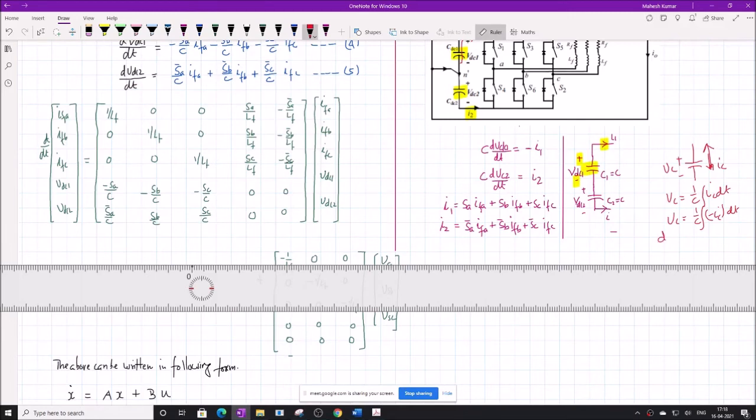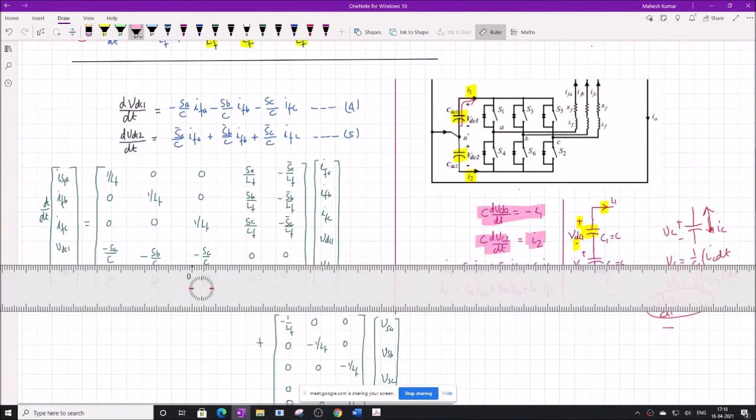Or you can write dVc by dt equal to minus IC. So using this equation, we can substitute the expressions for I1 and I2. So this implies that C dBDC1 by dt equal to minus I1, because the current is in the opposite direction. And for the second one, C dBDC2 by dt equal to I2, because this is in the plus, downward direction. This is I2 here.